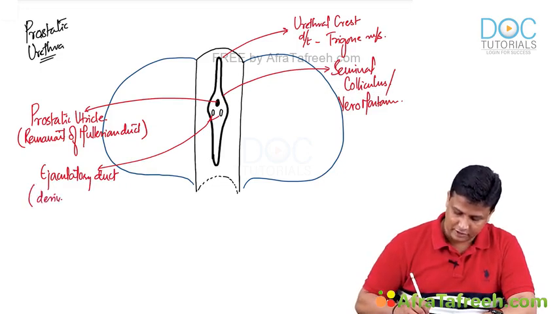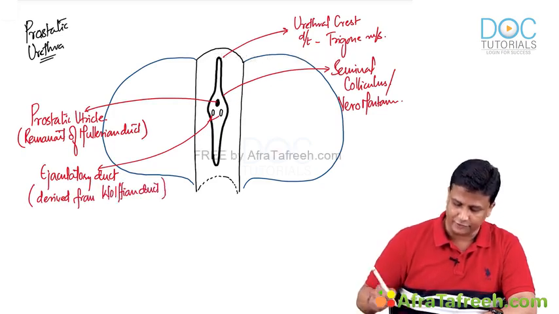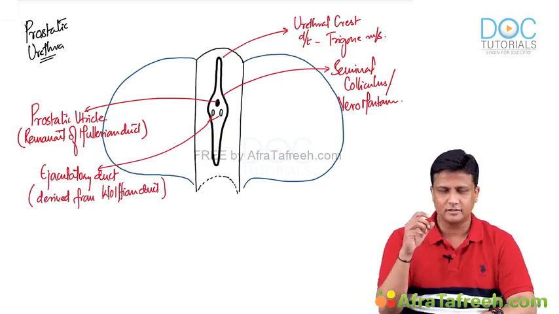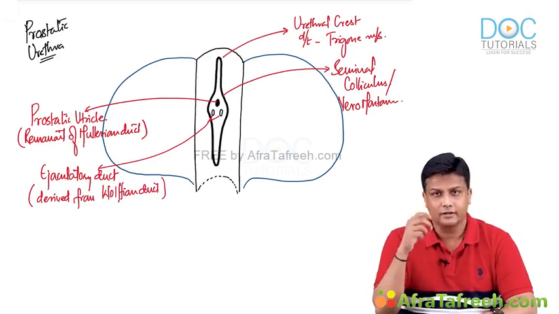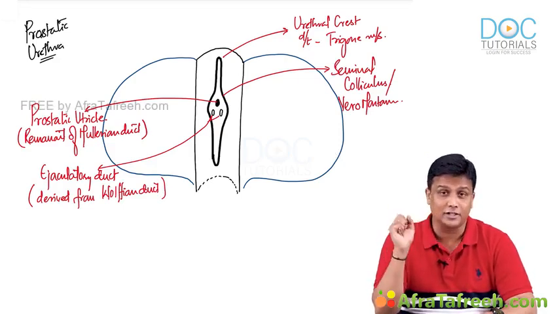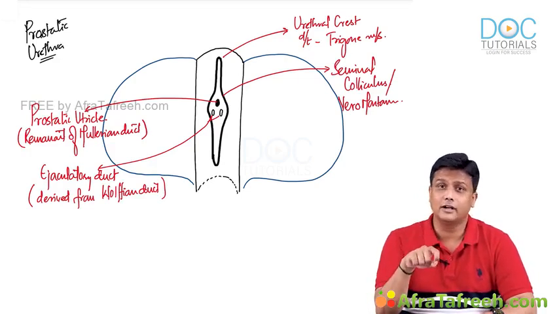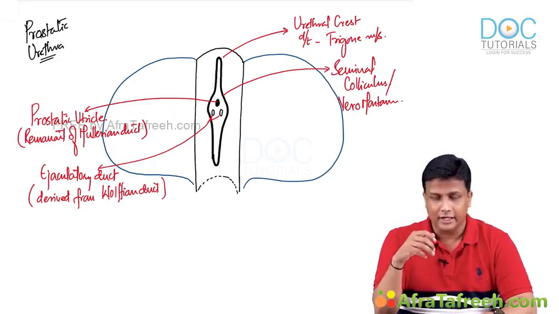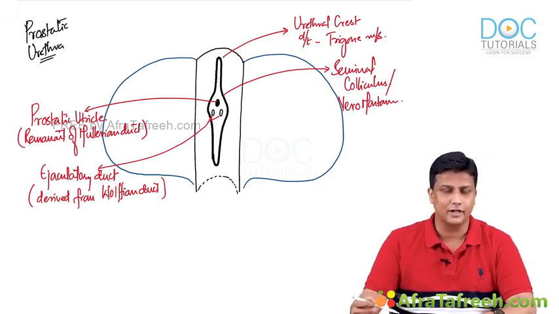So that is derived from the Wolffian duct. Hope there is no confusion. I am writing this embryology part here so that you can correlate it with the lectures we have done on embryology. So the prostatic utricle is a remnant of the Mullerian duct in males, and the ejaculatory duct is derived from the Wolffian duct, which is also known as the mesonephric duct.